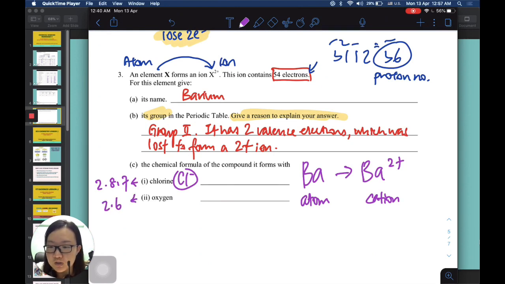And then oxygen is 2.6, it will gain 2 electrons to form O2- oxide ion. So again, back to the fundamentals, as long as you balance the charges, you will get these two answers for your chemical formula of the ionic compound: barium chloride, BaCl2, as well as barium oxide, BaO.